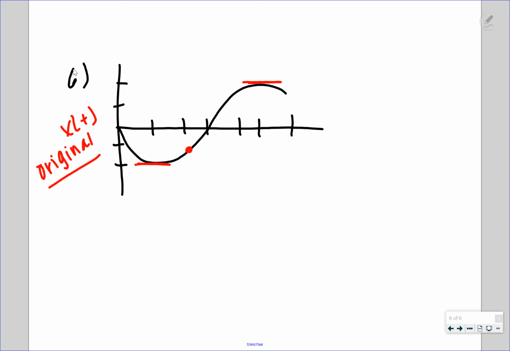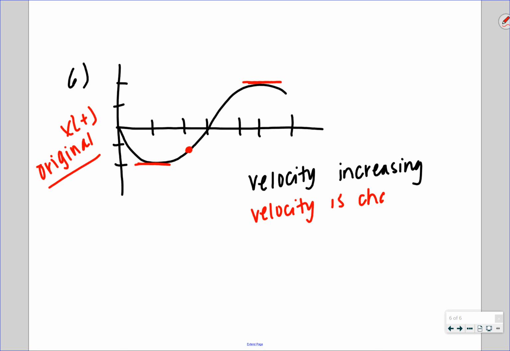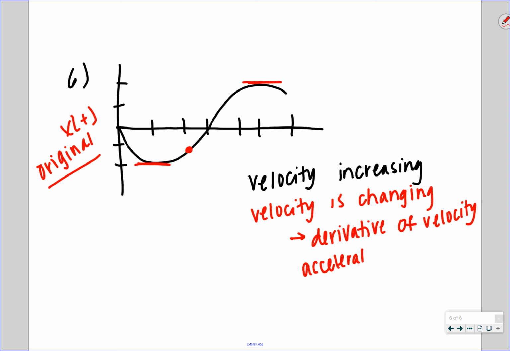For what values of t is the velocity increasing? This means that velocity is changing, which means the derivative of velocity, which is acceleration, which is the second derivative.